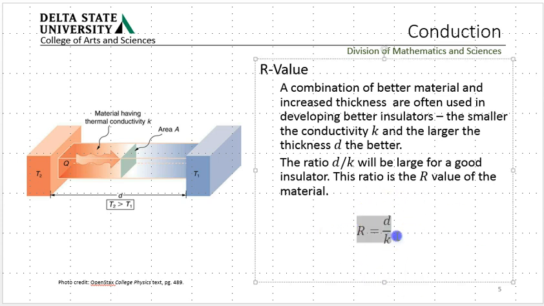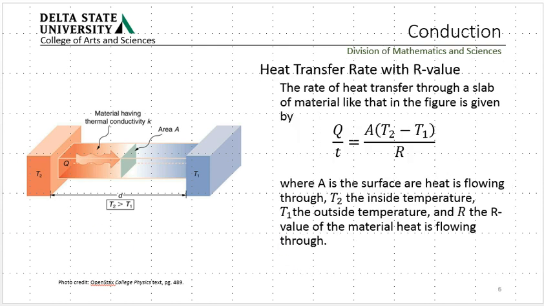So a standard glass window has an R value of about 1. A double pane window with an air gap in the middle has an R value of about 2. If you put a nice dry gas in between like argon, you might be able to get it up as high as about 3. So let's look at this formula in terms of the same stuff, except we're using R value instead of conductivity and depth.